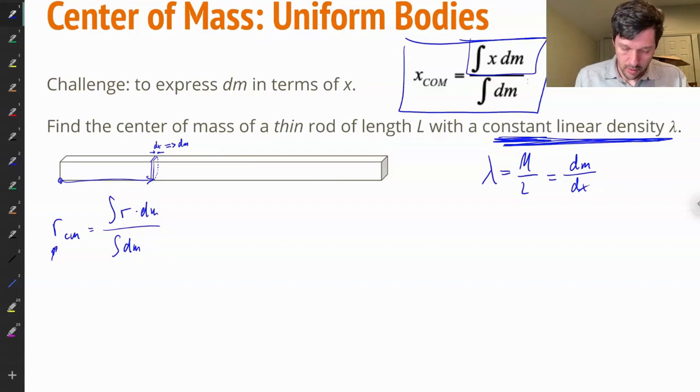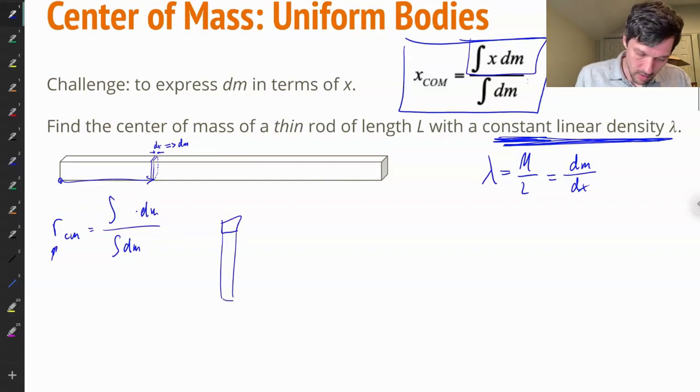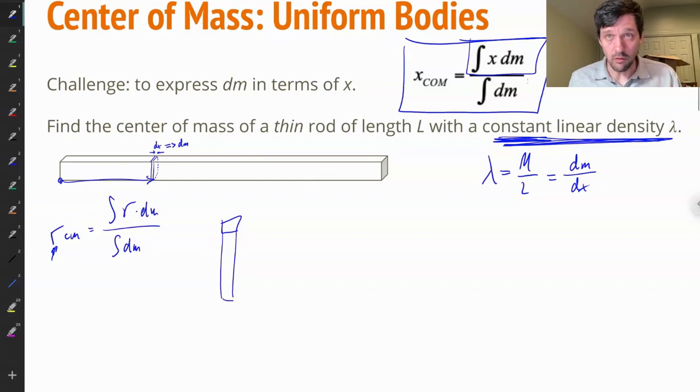If we had turned this bar on its end and oriented it vertically, we would just sub in y. We would find the center of mass in the y direction. So it's not a conceptual difference. It's just specifying the general equation, which usually is the r, center of mass, the radial distance away from 0. But now we're specifying a direction. We're going in the x direction.